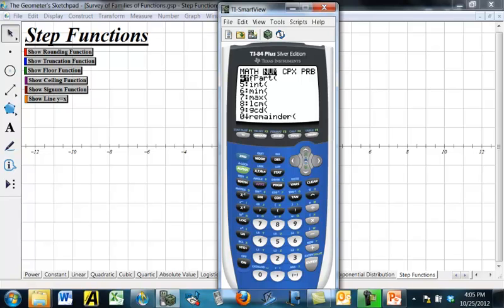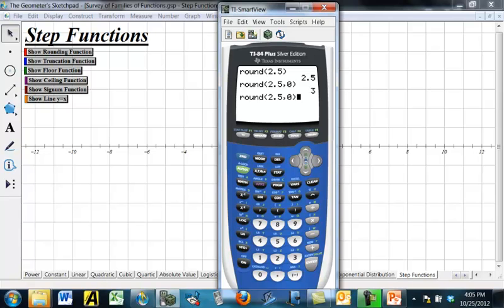And I think round on this one, on the calculator, you specify, let's see what happens here. Okay. I think you give it another, yeah. So this says 0 decimal places.